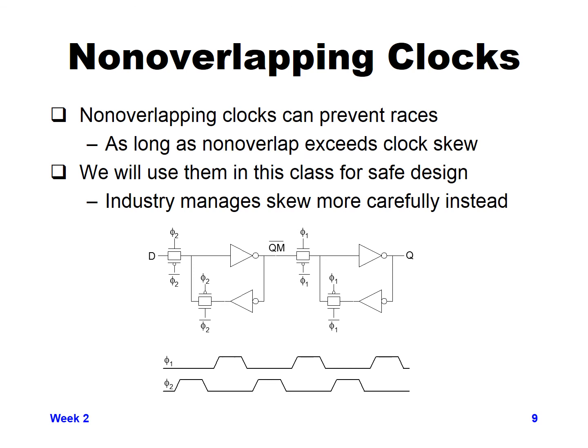So the race condition or hold time failure that we talked about in the previous slide, one of the ways to design that out is to use, instead of a single clock that goes to all of your flip-flop elements, two clocks going to your flip-flops or your latches if you have positive and negative level latches. Those two clocks are basically out of phase with each other and non-overlapping.